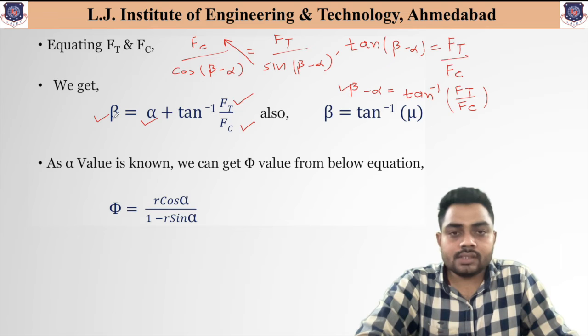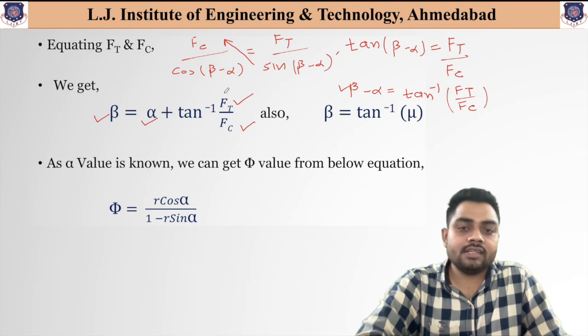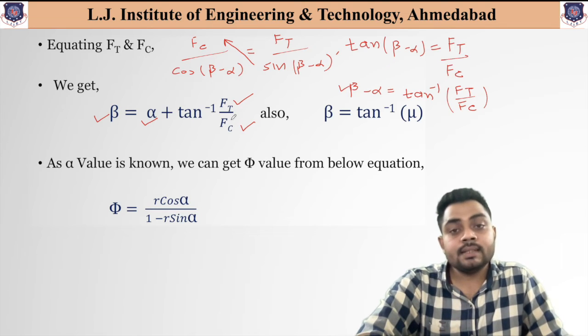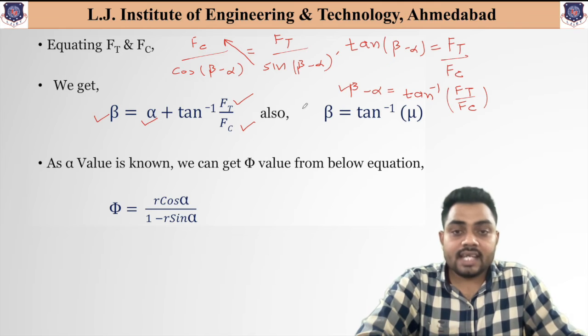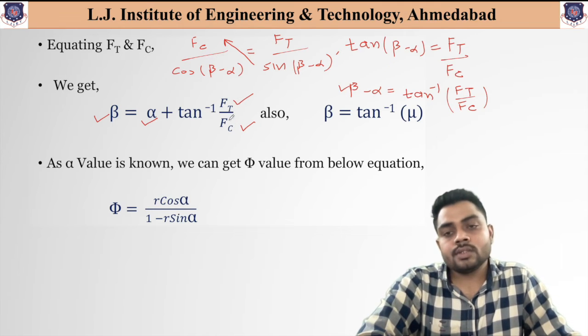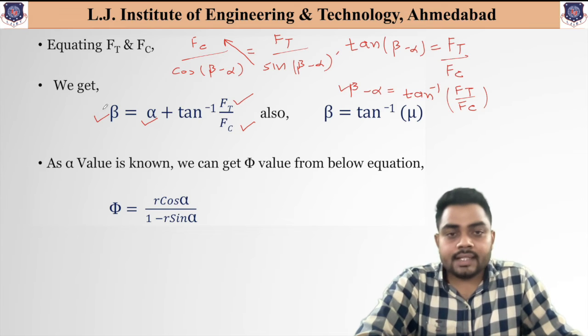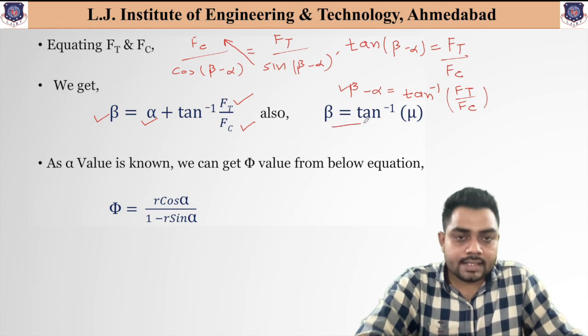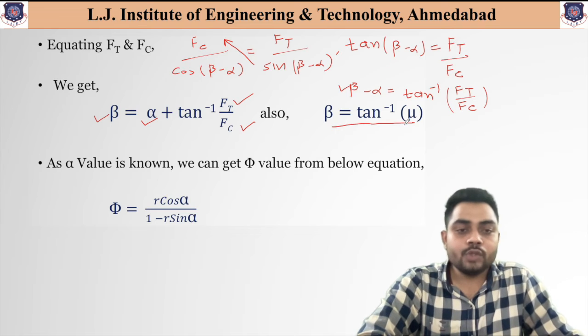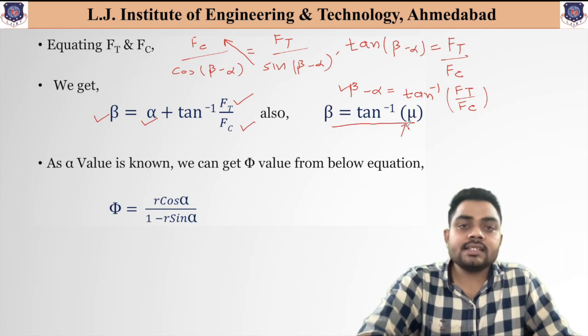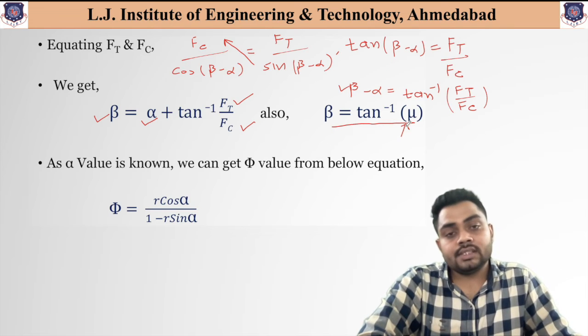So we get the equation beta is equal to alpha plus tan inverse of Ft divided by Fc. And this Ft divided by Fc is the ratio of thrust force to the cutting force. And this friction angle beta is also indicated as beta equal to tan inverse mu, where mu is nothing but the coefficient of friction.